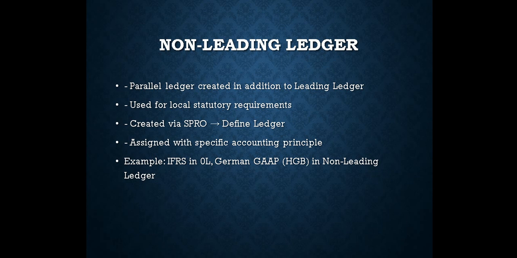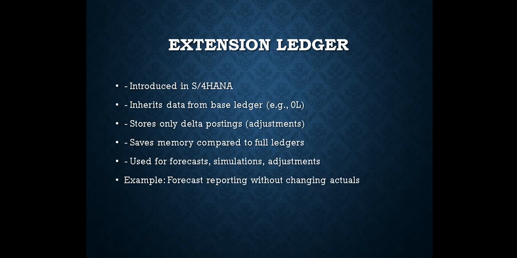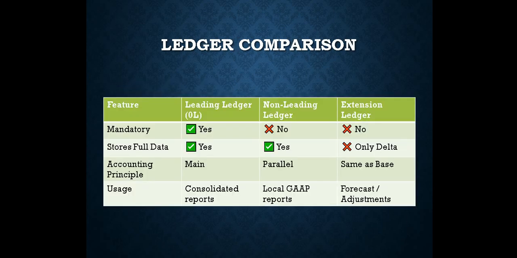I am doing a revision of what I explained. The extension ledger, introduced in S4HANA, inherits data from the base ledger. It is the underlying ledger of 0L, the leading ledger, and stores only delta posting adjustments, saving memory compared to full ledgers. It is used for forecast simulation adjustments, for example forecast reporting without changing actuals.